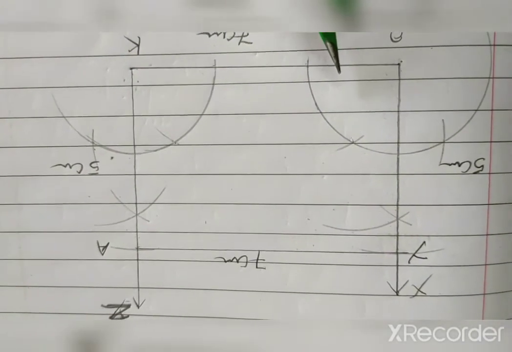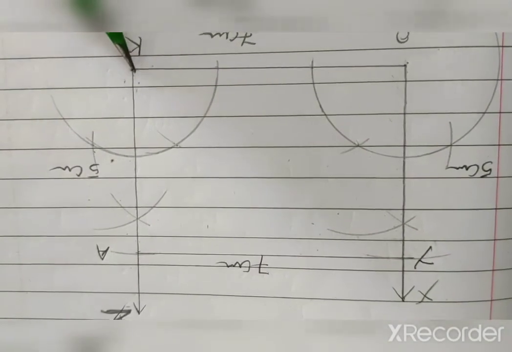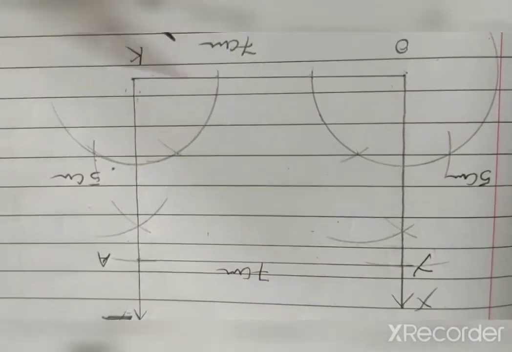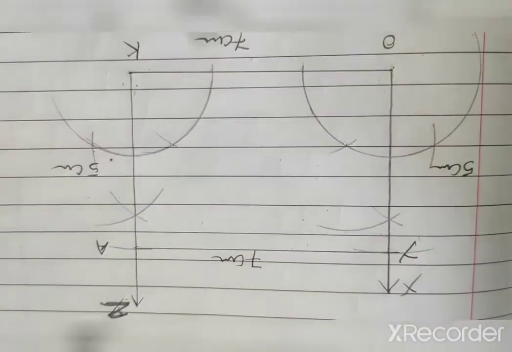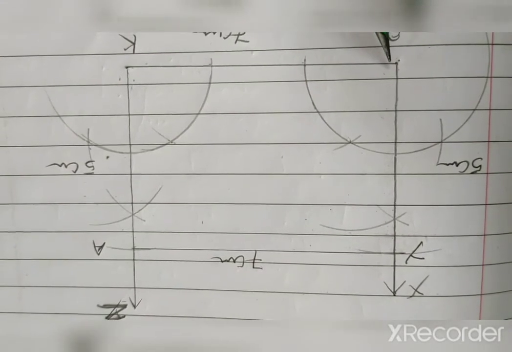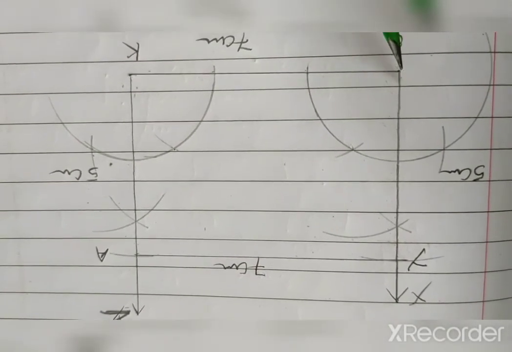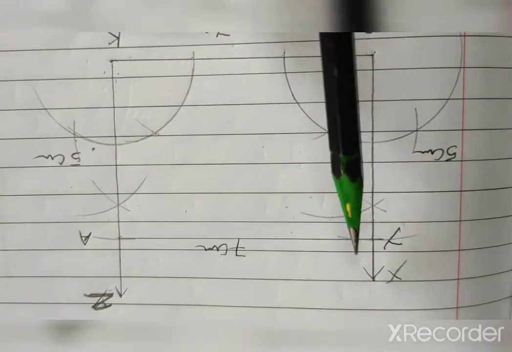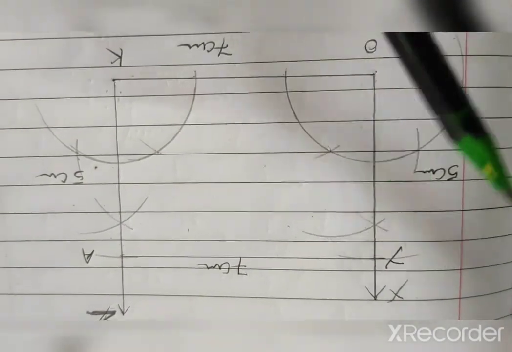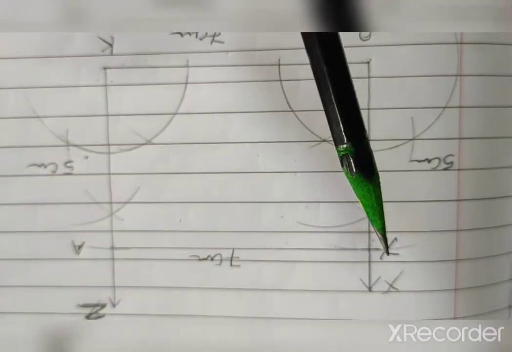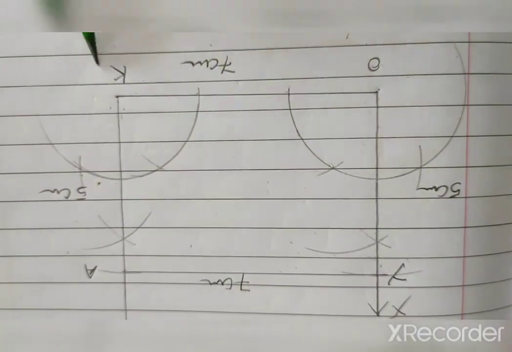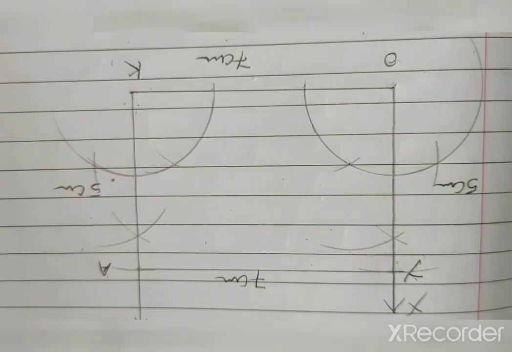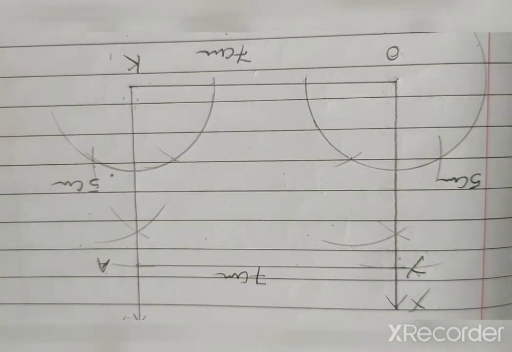Now by taking radius 5 centimeter and K as a center, draw an arc which intersects ray KZ at A, and we know that opposite sides are equal. So by taking the same radius, O as a center, draw an arc which intersects ray OX at Y. Join A to Y. OKAY is our required rectangle.